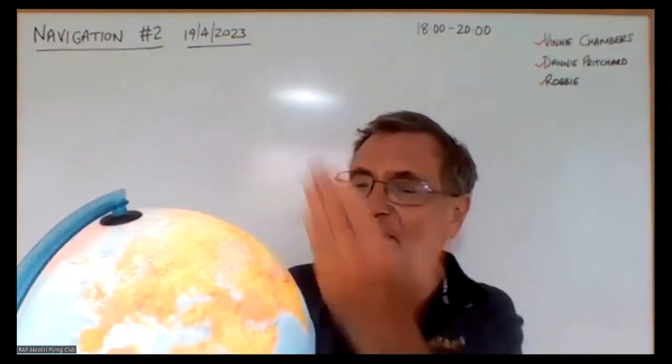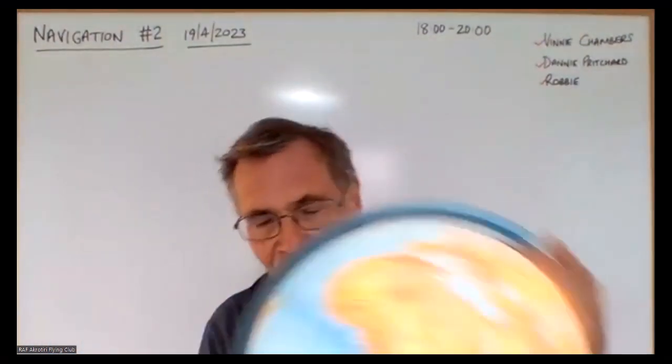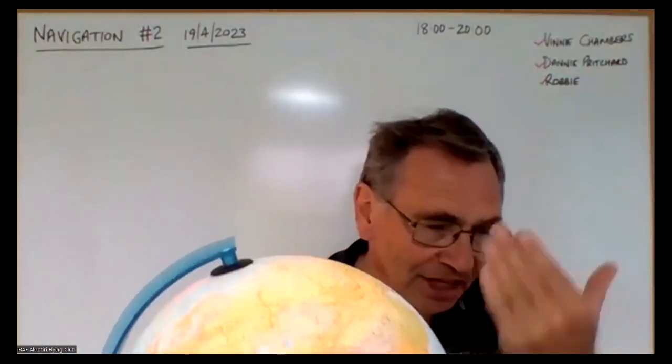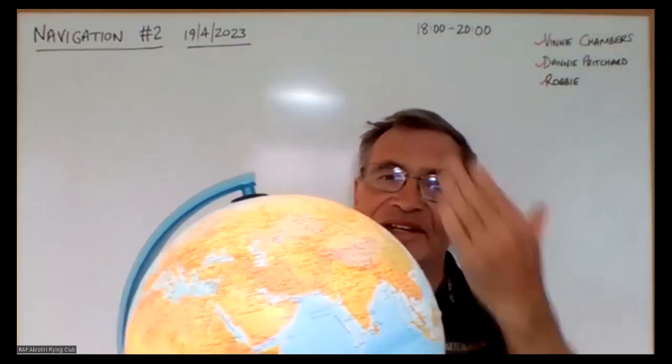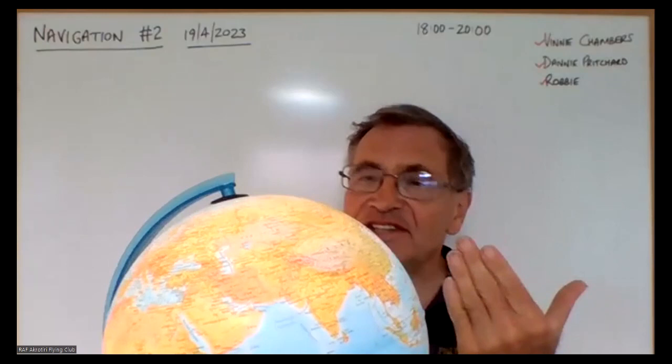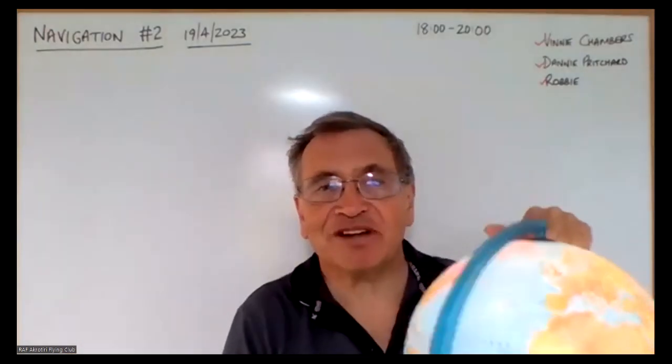So if you can imagine it inside the Earth as a giant electromagnet. Now unfortunately, the electromagnet of the Earth isn't aligned with the point the Earth spins round.